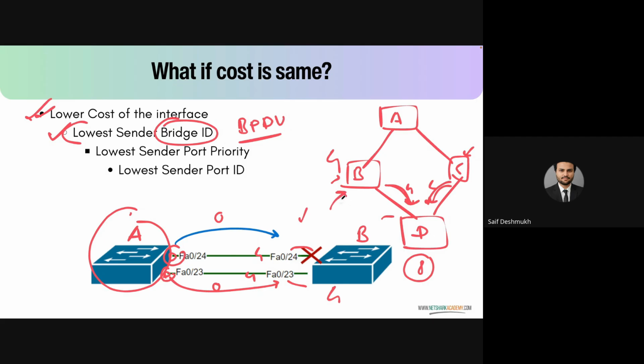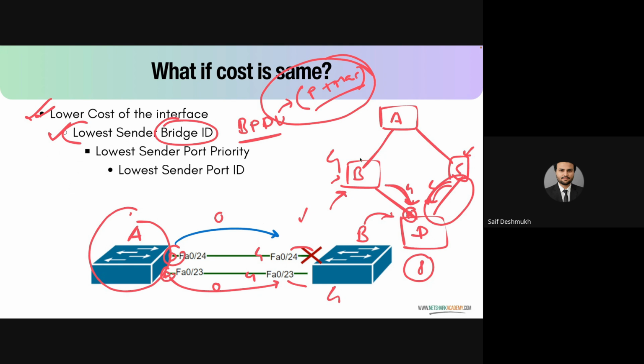Obviously, these switches should win the election considering their priority is the same, because the bridge ID is composed of two things, the priority and the MAC address as well. And then it will decide this should be the root port. And then these two will be running the election to decide who's going to block the interfaces. Again, they're going to compare the same thing, priority and MAC.